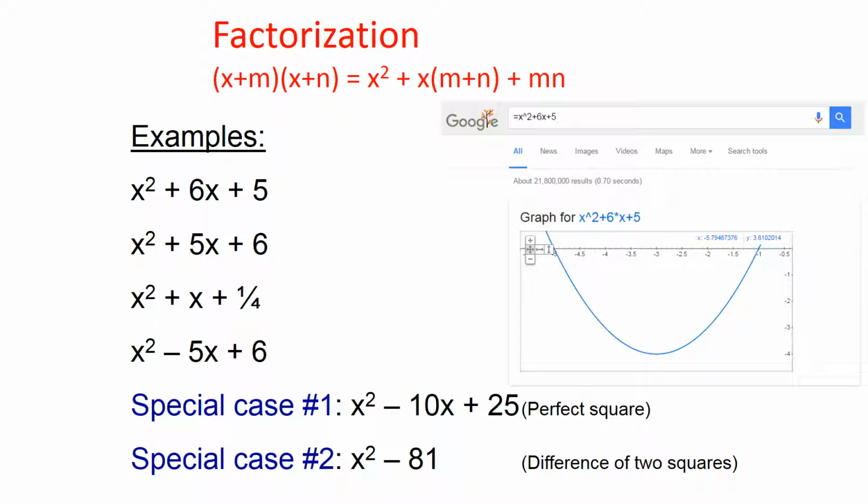When we're trying to solve that, our first thing is going to be x, and then we need two numbers, one that goes here and one that goes here. When you times them together, you'll get 81. And then when you add them together, you get 0.